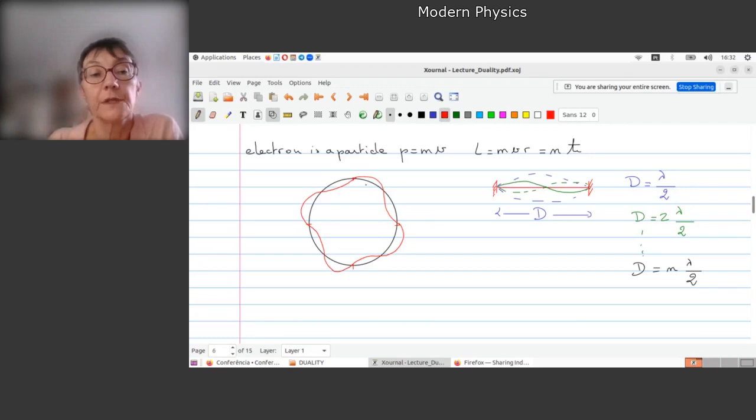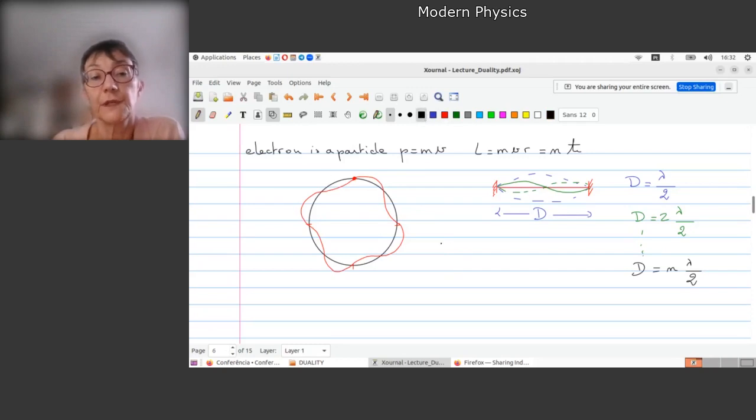When you close the ring, you are exactly at the same amplitude of the wave as you were at the beginning. So you close really, the wave repeats itself. Here you have the first one and it repeats, you have the 2, 3, so this is some kind of resonance condition equal to this one.